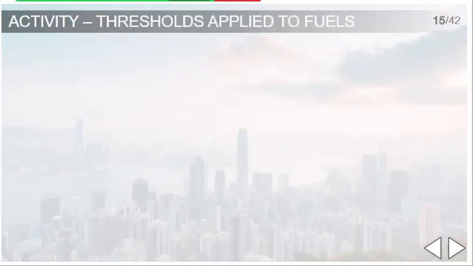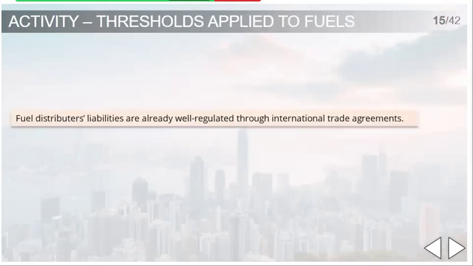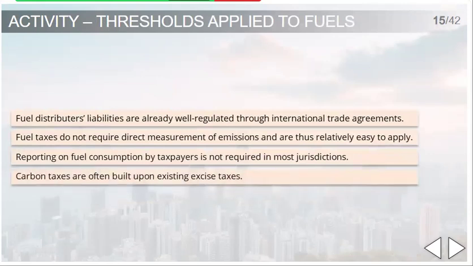Jurisdictions that apply their tax to fuels at the point of distribution have typically not applied thresholds. There are common reasons making thresholds less necessary in the context of fuels. Do you know the reasons?